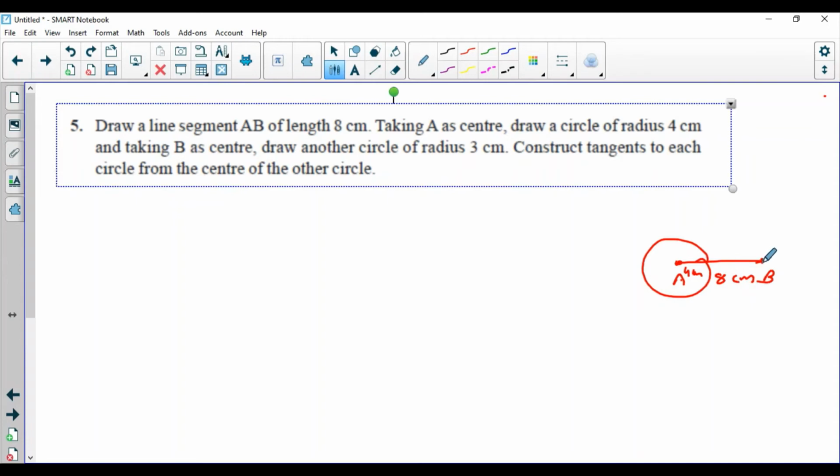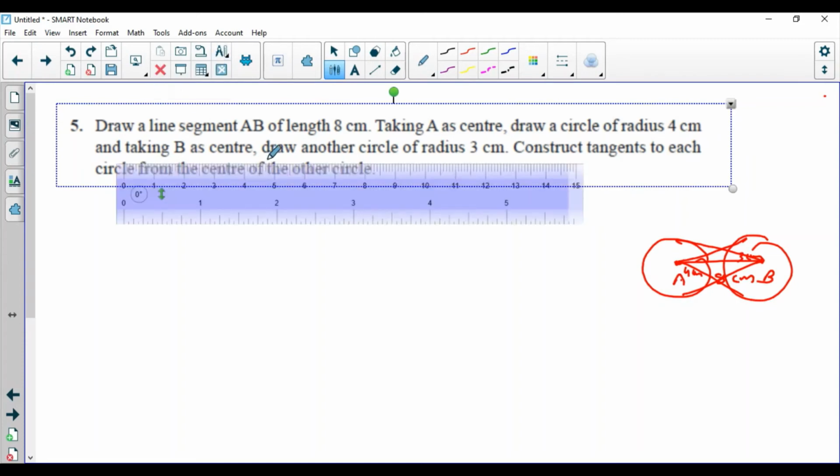Taking B as center, draw another circle of 3 centimeters. Then construct tangents to each circle from the center of the other. Means from A we should draw tangents to the B circle, and from B we have to draw tangents to this circle. Okay, so this is our rough diagram.